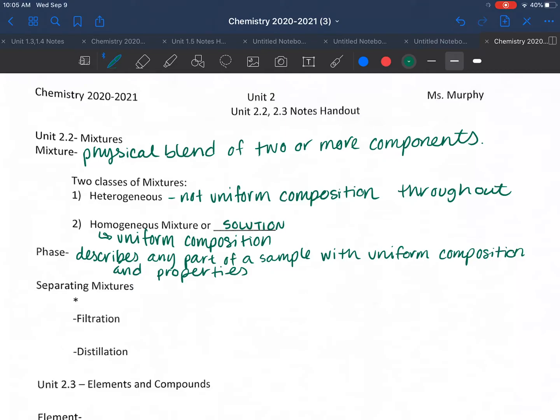For example, let's think about a bowl of Lucky Charms. You could think of milk being one phase and the charms being the other phase. So another way to talk about heterogeneous and homogeneous mixtures is by phases. Is Lucky Charms a hetero or homogeneous mixture?